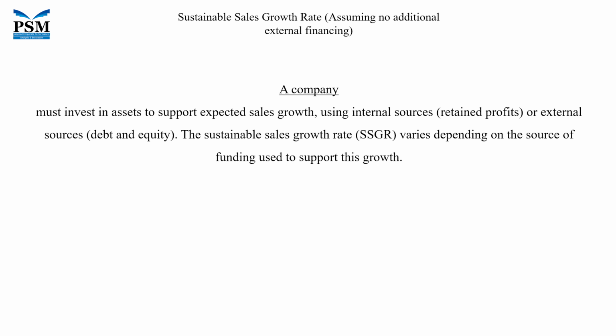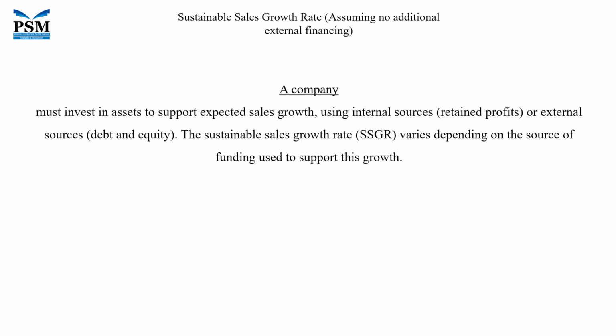The second factor that determines the sustainable sales growth rate of the company is the operating efficiency. Now, the ratio of operating assets to sales, which indicates the required capital investment in operating assets for each additional $1 of sales, is called operating assets to sales and reflects the operational efficiency of the company.